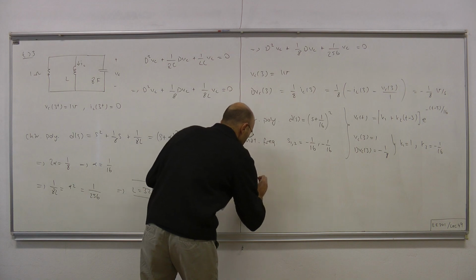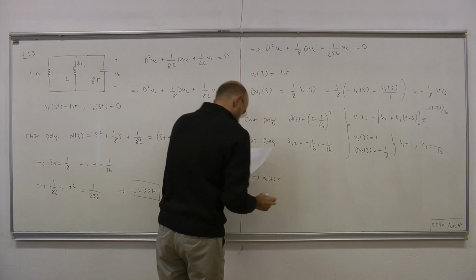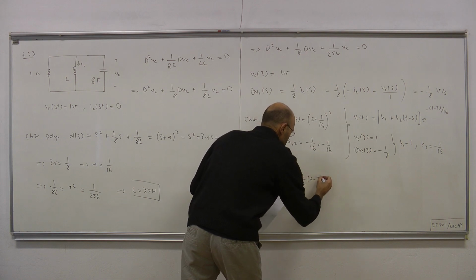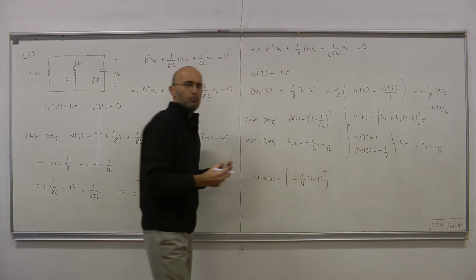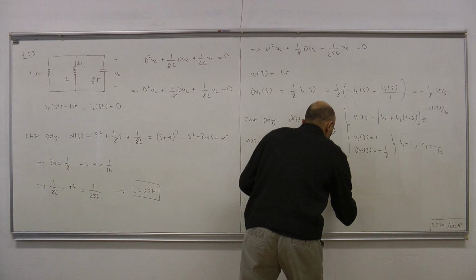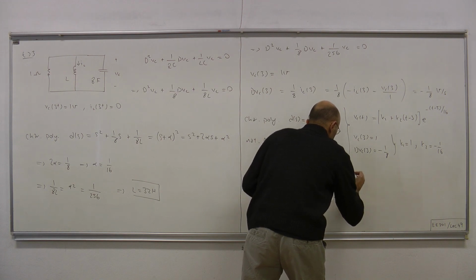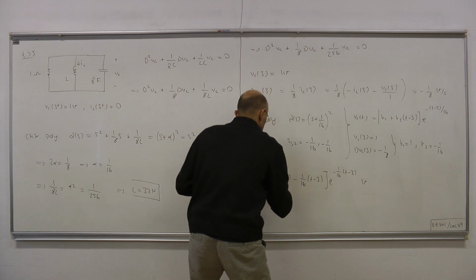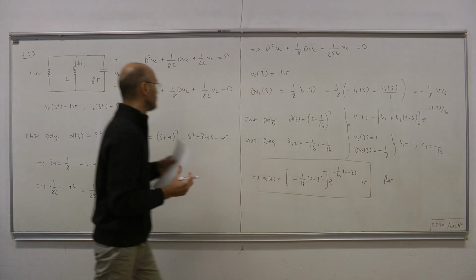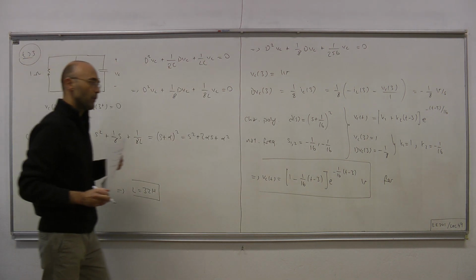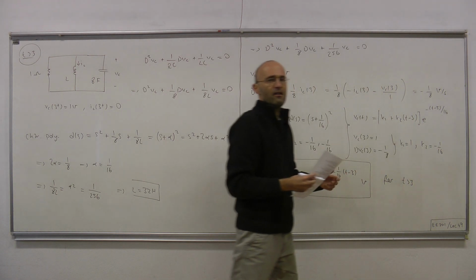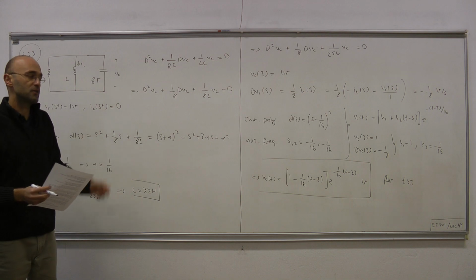Hence we can write Vc(t) equals 1 minus 1 over 16 (t minus 3), this polynomial being multiplied by the exponential term e to the minus 1 over 16 (t minus 3) volts, for t greater than 3. And for earlier times, everything is 0.